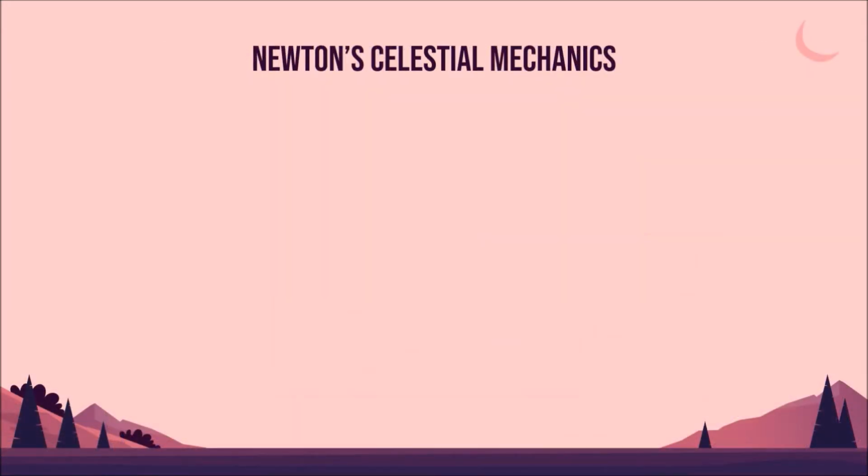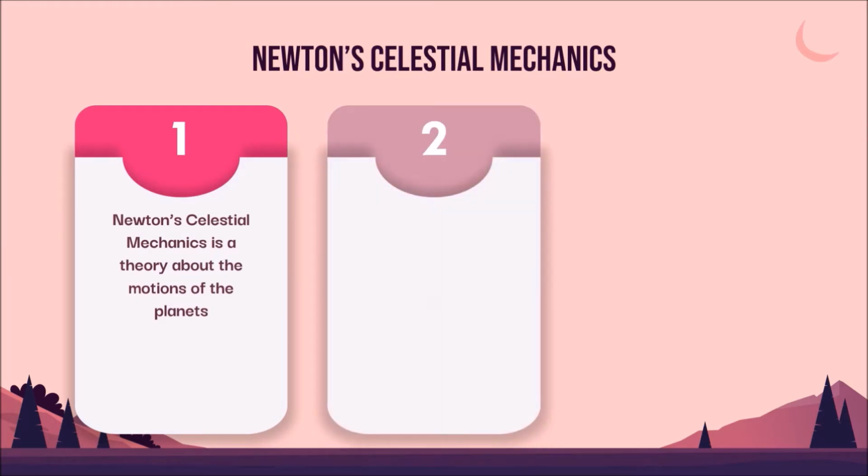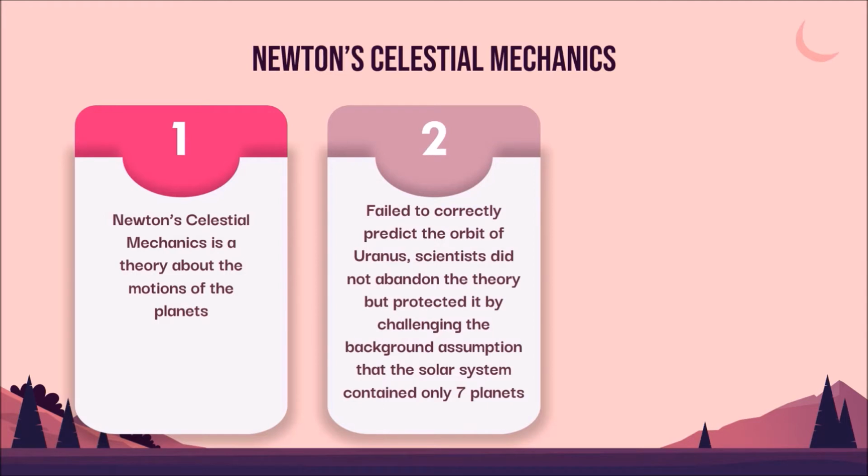Newton's classical mechanics is an example of holistic underdetermination. It is a theory about the motion of the planets. It happened when Newton's mechanics failed to correctly predict the orbit of Uranus, and the scientists at that time did not abandon the theory but protected it by challenging the background assumption that the solar system contained only 7 planets.